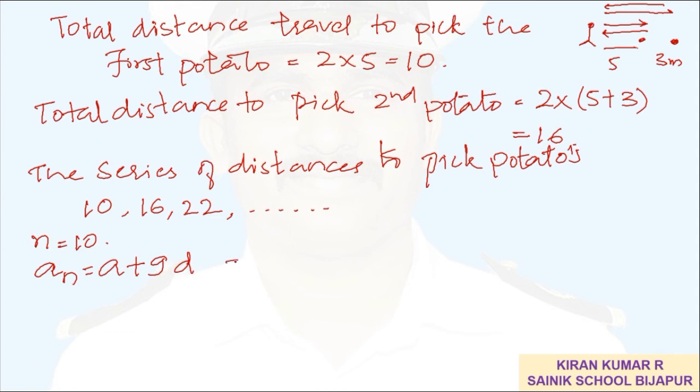A is 10, d is 16 minus 10, nothing but 6. So 10 plus 9 times 6, the nth term we get is 64.